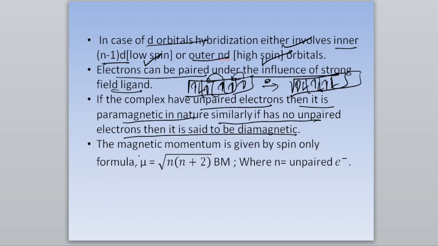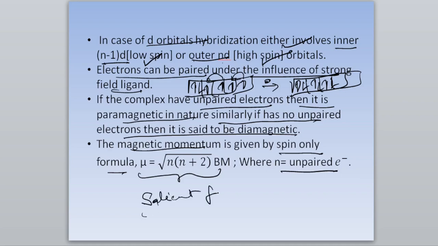The last feature is the magnetic moment is given by the spin only formula, that is mu equals square root of n into n plus 2 Bohr magneton, where n is the number of unpaired electrons. These are all the salient features of valence bond theory. You can also call them characteristics or properties of valence bond theory.